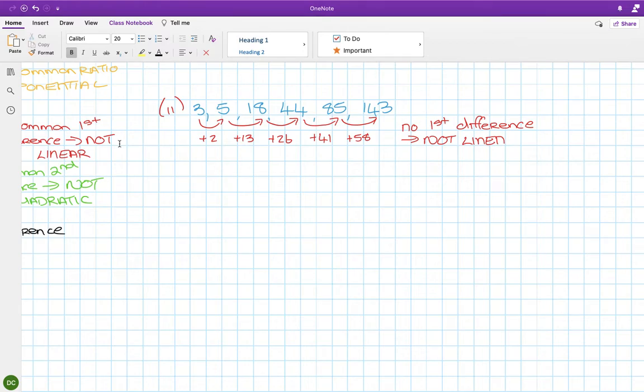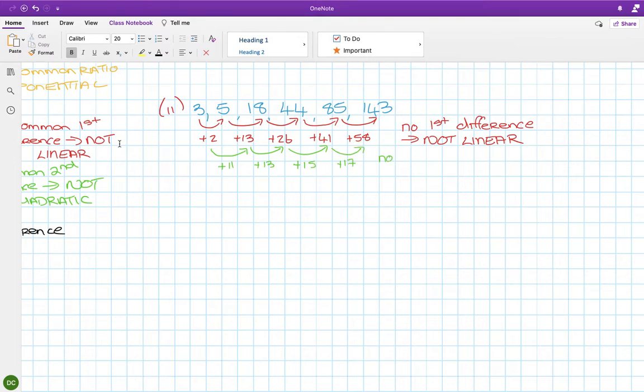Okay, go second difference. So 2 to 13, that's 11. 13 to 26 is a jump of 13. 26 to 41, I don't know, so I'm going to do 41 minus 26. So that's 15. And then 58 minus 41 is a jump of 17.